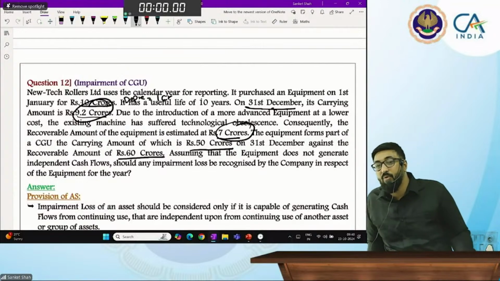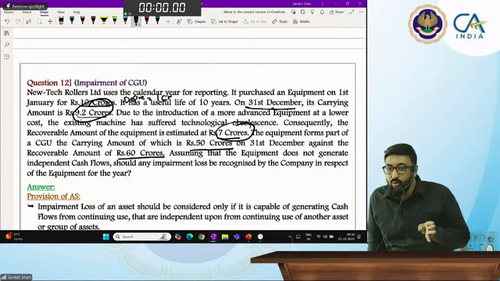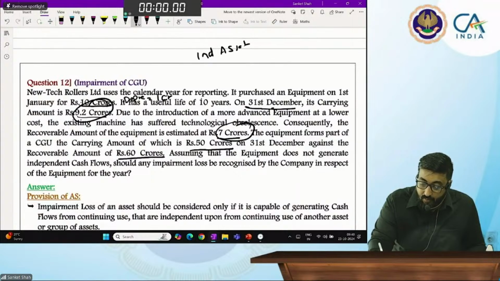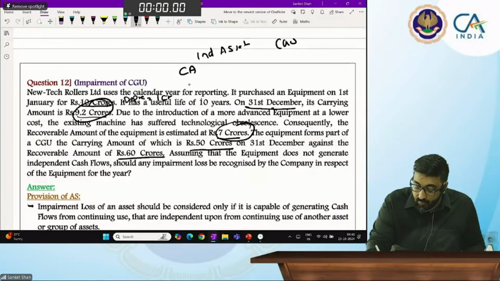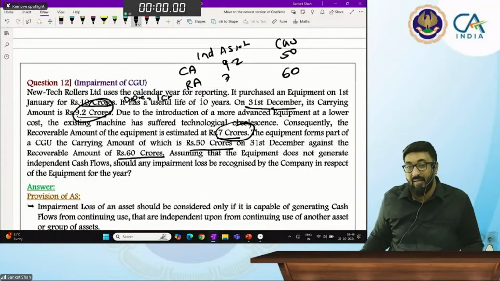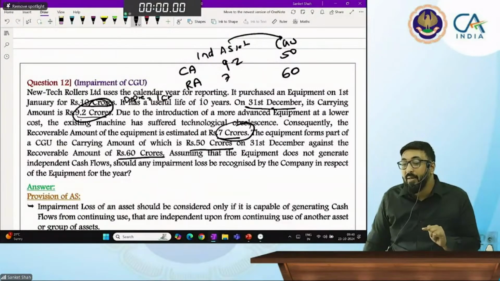रचना नहीं समझ में आ रहा है आपको? नहीं सर. देखो बेटा वो जो एसेट है ना वो 9.2 की है और उसकी रिकवरेबल अमाउंट इंडिविजुअल एसेट की जो कैरिंग अमाउंट है 9.2 का वो 7 हो चुका है, एंड सीजीयू का कैरिंग अमाउंट 50 है और ये 60 है और ये एसेट ये अकेले कुछ नहीं कर रही है. इंडिपेंडेंटली वो नहीं कमा पाती है, वो एक सीजीयू का पार्ट है. तो आपको इंडिविजुअल एसेट का इंपेयरमेंट करना पड़ेगा या सीजीयू का इंपेयरमेंट करना पड़ेगा?